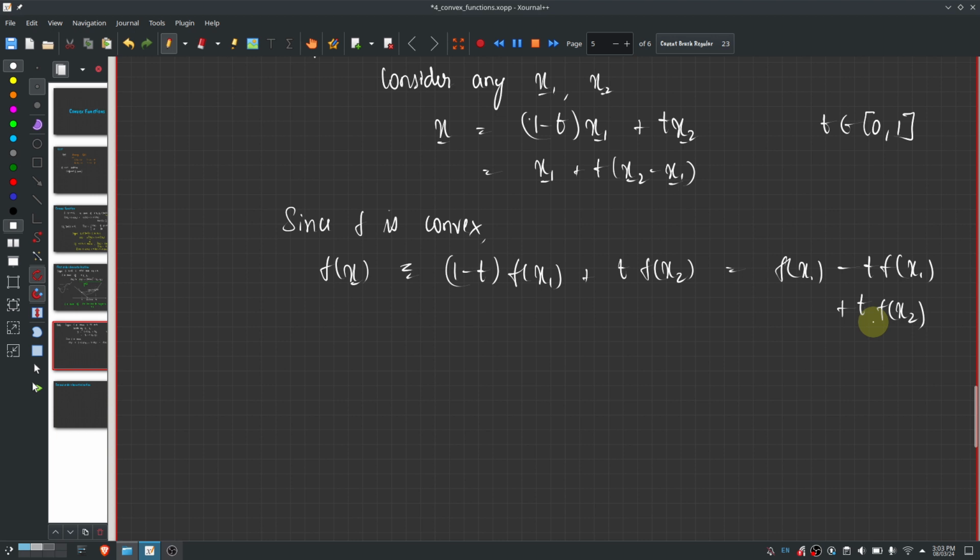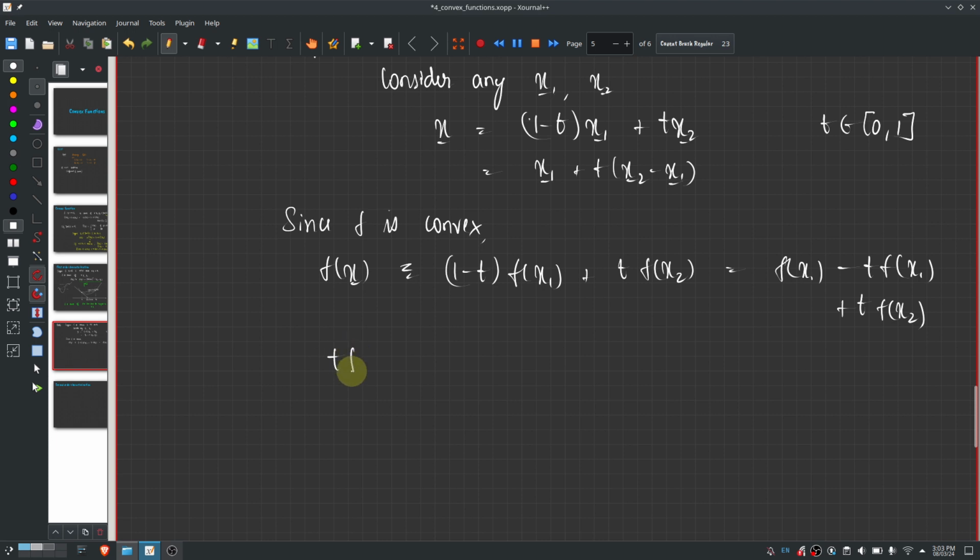So let's go back to what we want to prove. We want to show that f of x2 is greater than or equal to something. So let's keep the terms corresponding to f of x2 on one side and push everything else to the other side. There's only one term, t times f of x2.